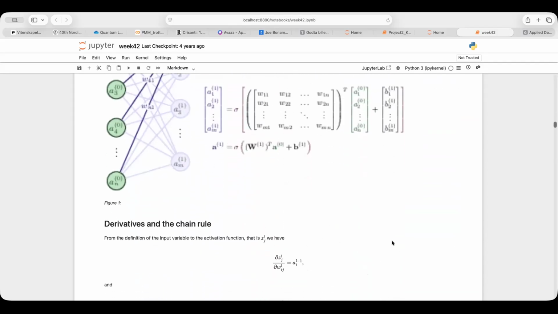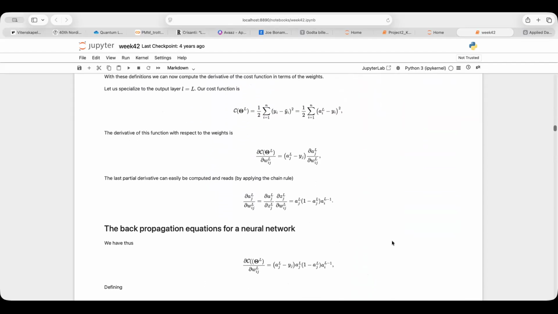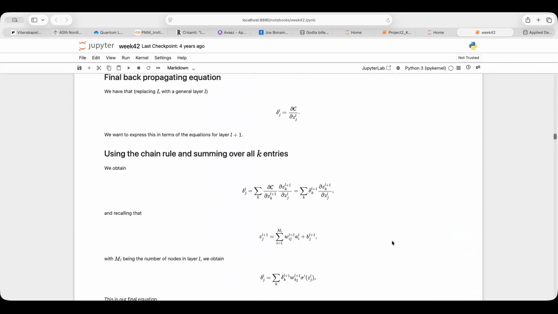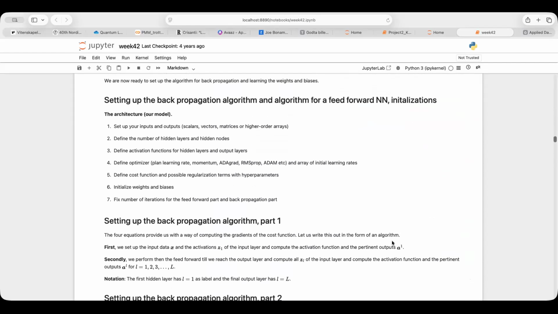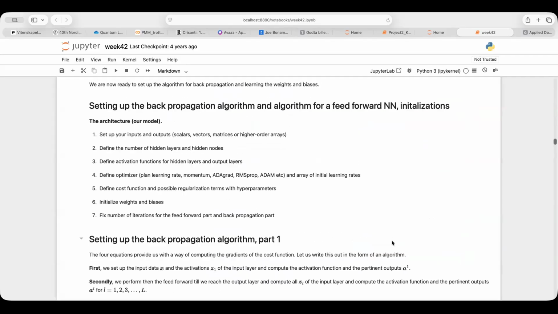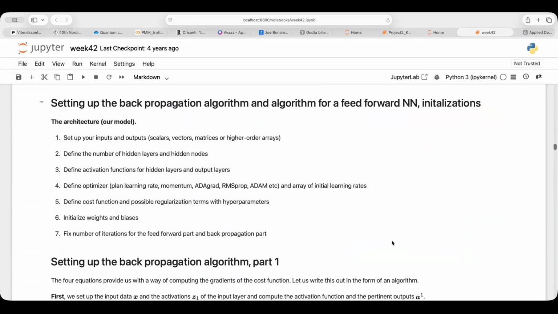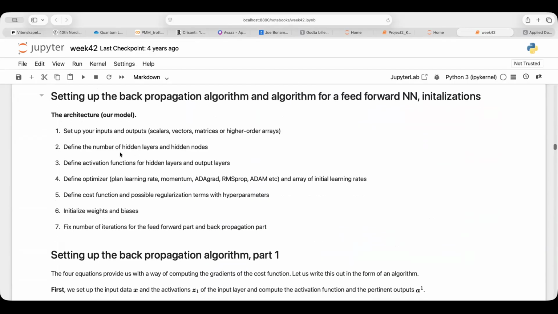So this is essentially what we went through here. As I said, if we now look at the way we are going to set up, we need to set up the inputs and outputs. These can be scalars, vectors, matrices, or higher order arrays, tensors. Define the number of hidden layers and hidden nodes. You define the activation functions for hidden layers and output layers.